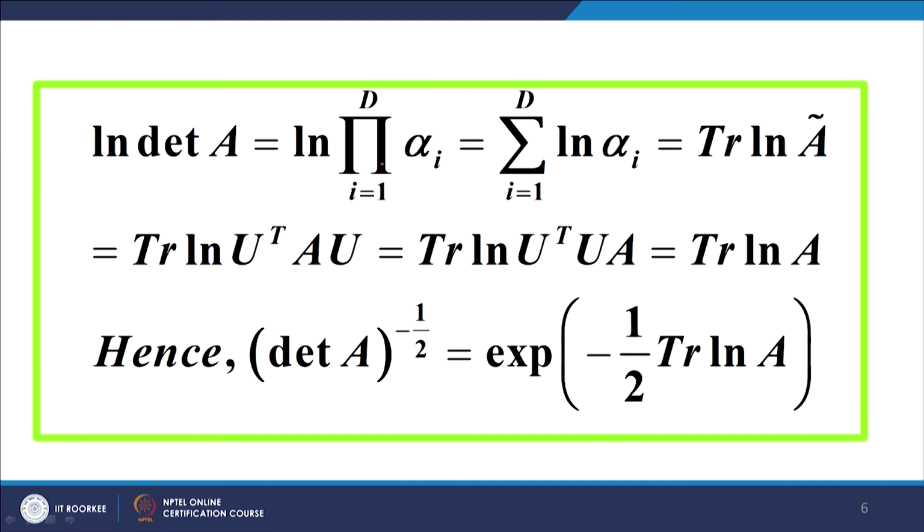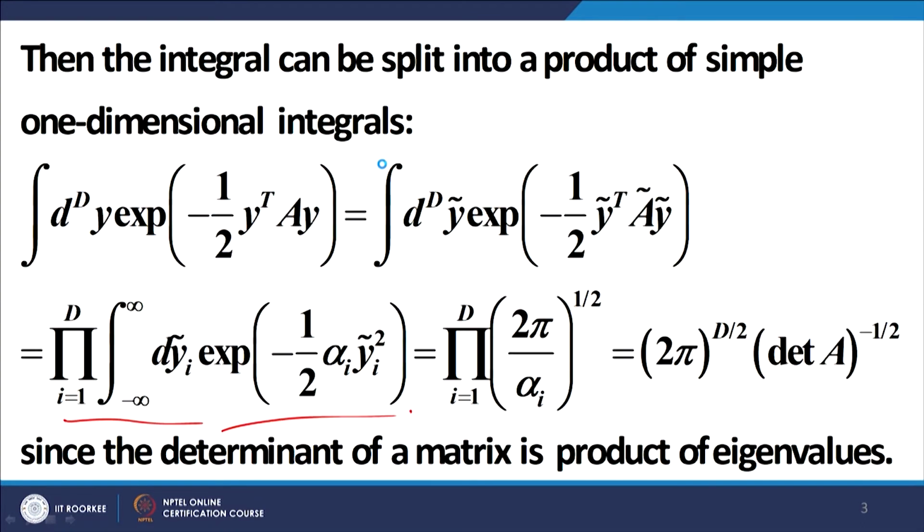We have established that log of determinant A is equal to trace log of A, and therefore, determinant A to the power minus 1 by 2 is nothing but exponential minus 1 by 2 trace log of A. We simply substitute this value in the expression that we had, and we arrive at the result. This integral I is equal to 2 pi to the power d by 2 exponential minus 1 by 2 trace log of A.